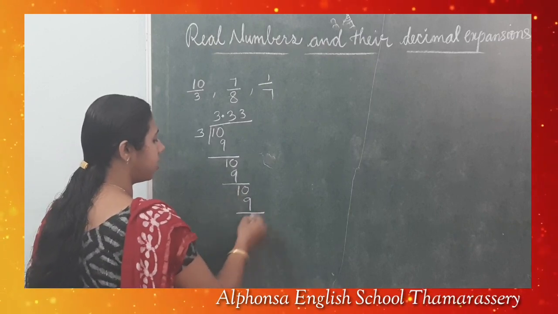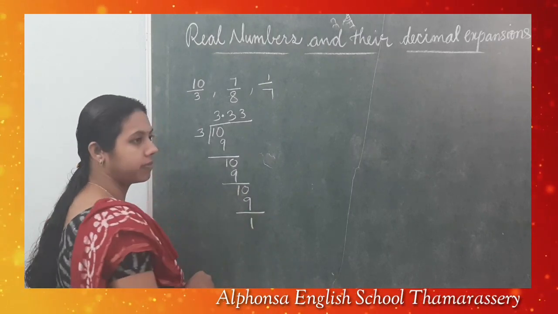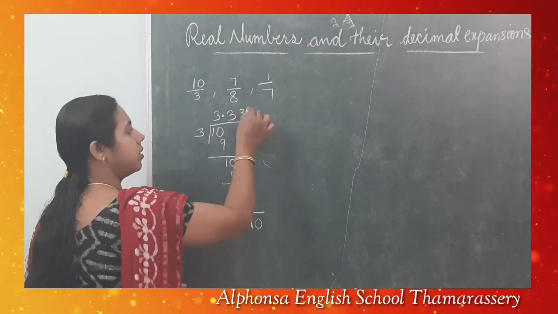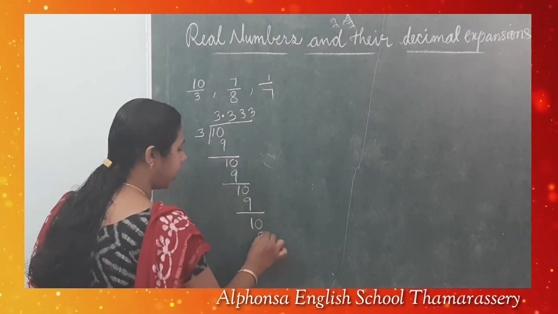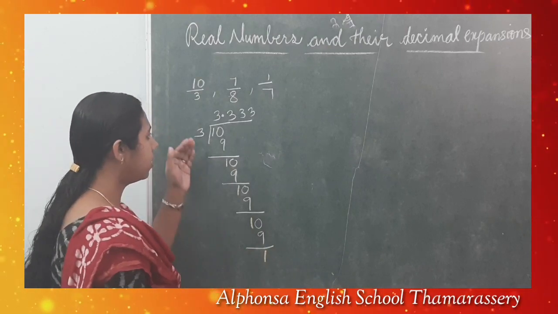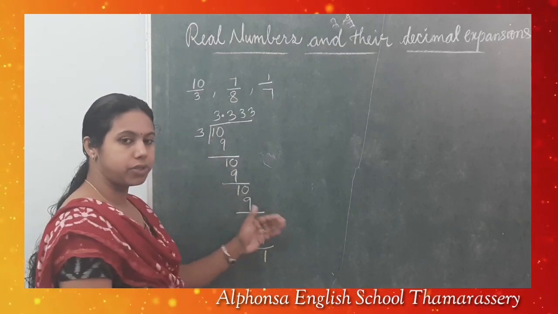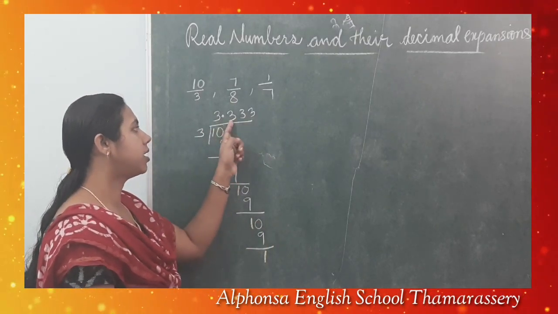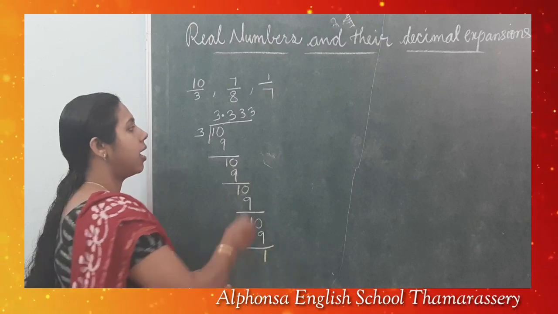Remainder 1. So again you can put 0. Then 3 3s are 9. Remainder 1. It's not ending, it continues like this. The division process you can continue this way, and you are getting 3.33 etc.